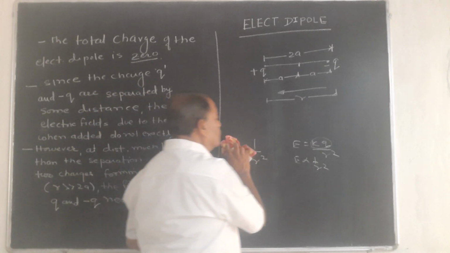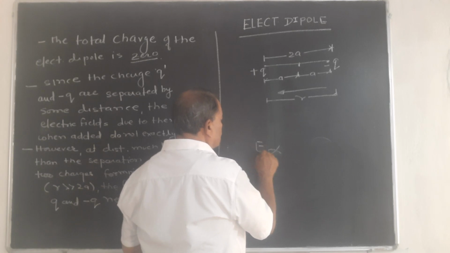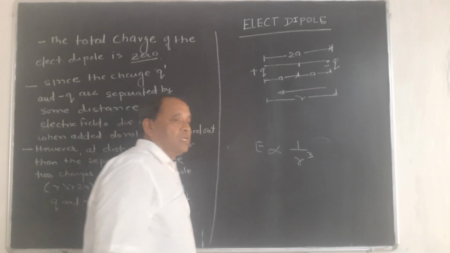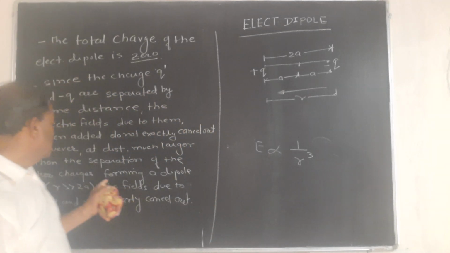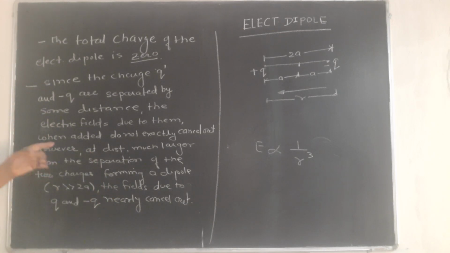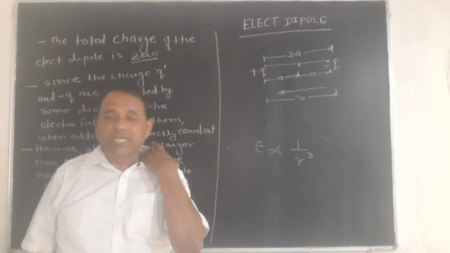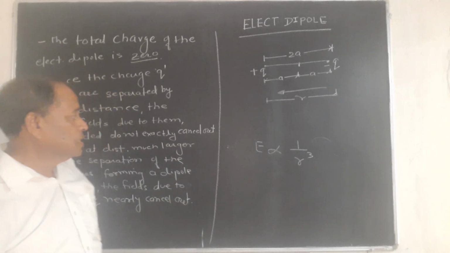So in the case of a dipole, the electric field falls off inversely proportional to r cube, not r square. These qualitative ideas are borne out by explicit calculations.